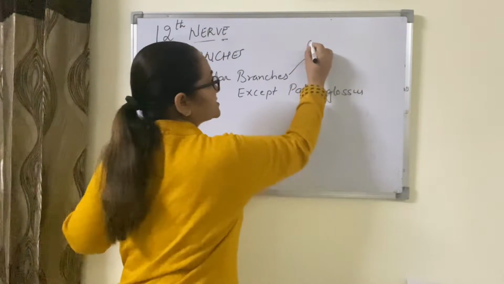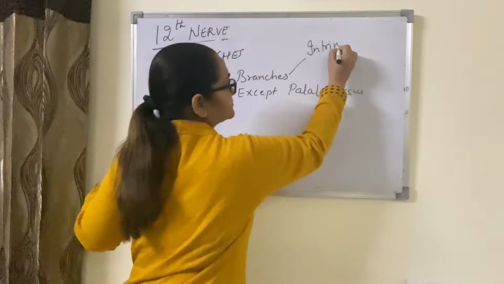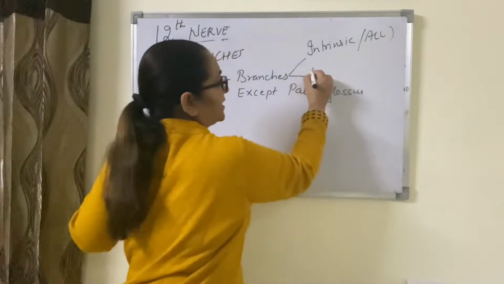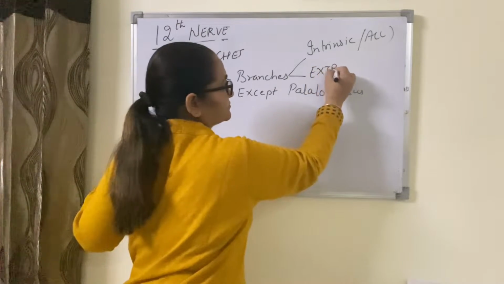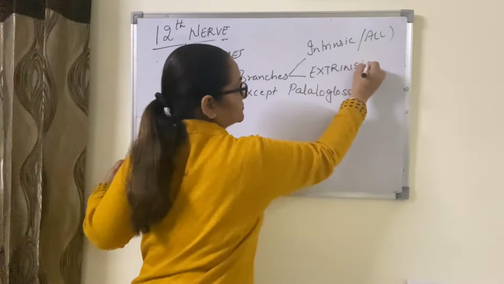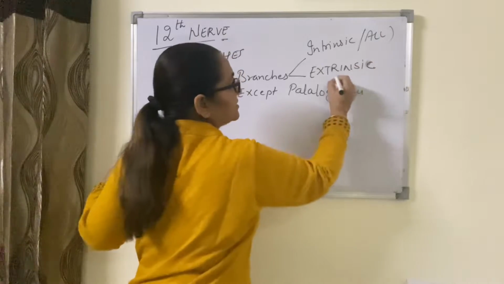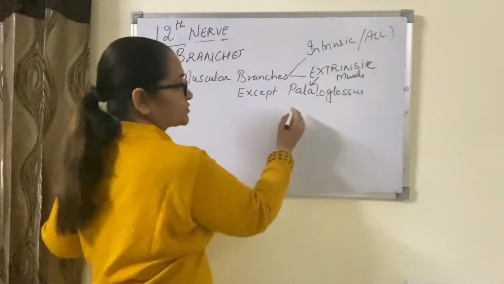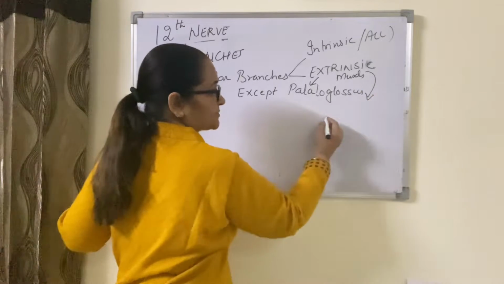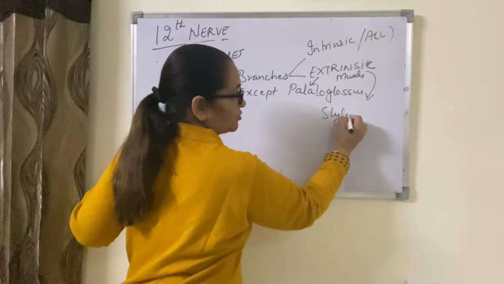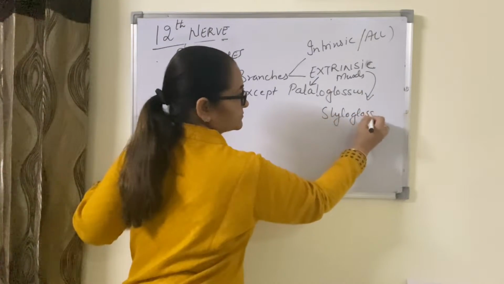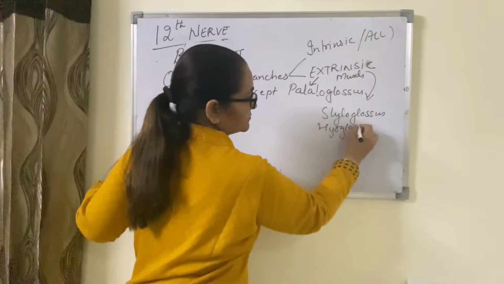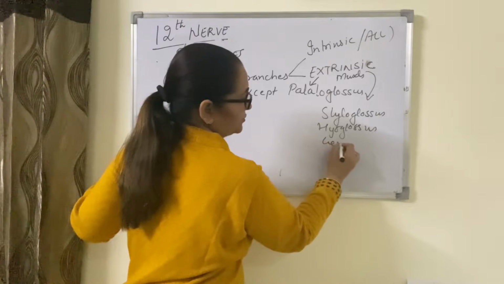So it supplies all intrinsic and extrinsic muscles except palatoglossus. What are the extrinsic muscles supplied by this? That is styloglossus, hyoglossus, and genioglossus.